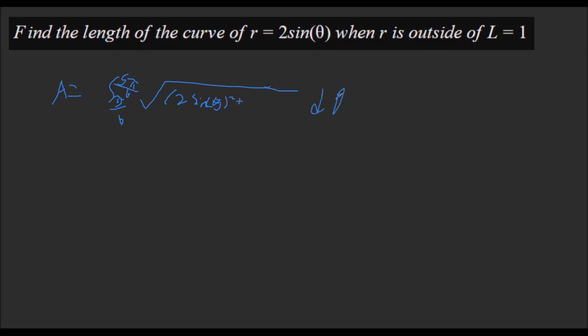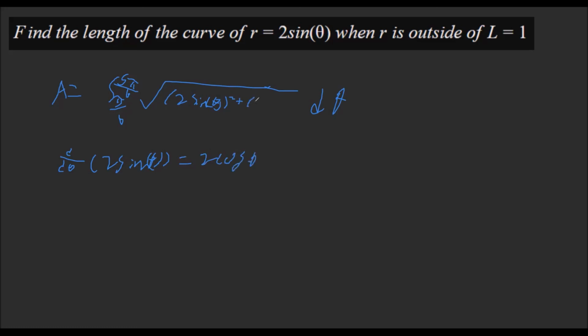However, we don't have dr/d theta. But we do know that it's just the derivative of r, which is 2 sine theta. And so the derivative of 2 sine theta, and therefore the value of dr/d theta, is equal to 2 cosine theta.